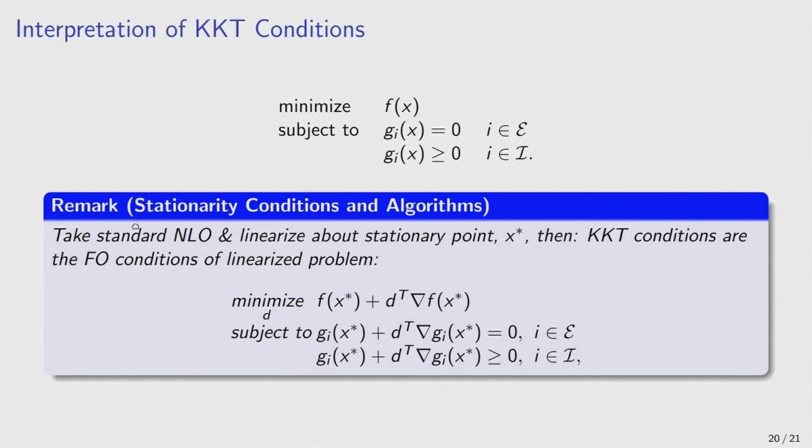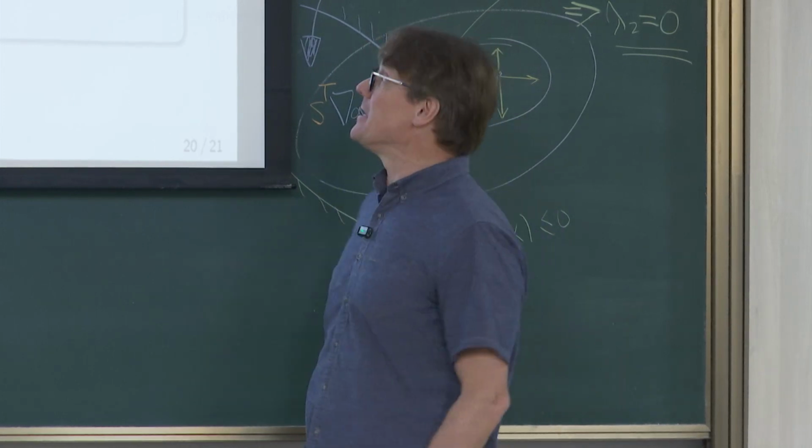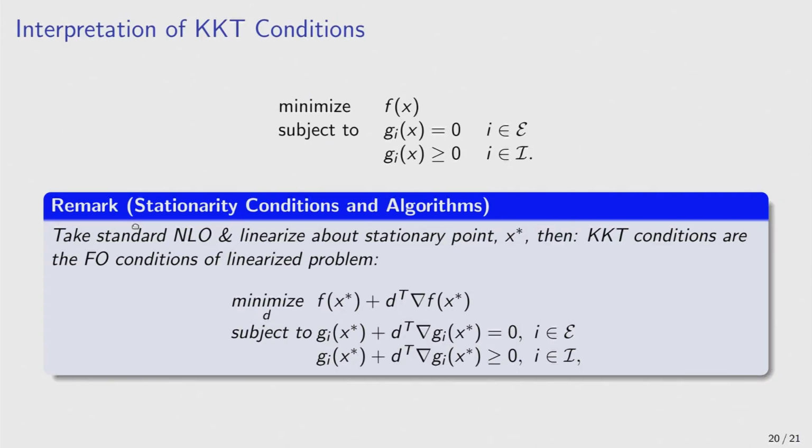Okay, so there's a nice connection between this and optimization algorithms. An alternative, much simpler way of explaining this would have been to say, look, we have this problem up there. I don't know how to solve it. Here's a simple way: why don't we do a first order Taylor expansion of all the nonlinear functions and write down this linear optimization problem in the step or displacement d? So, a first order approximation of the objective, and then first order Taylor approximations of all my constraints.